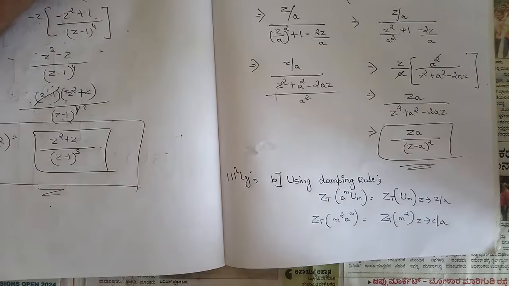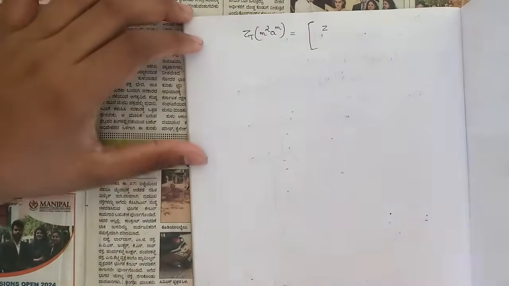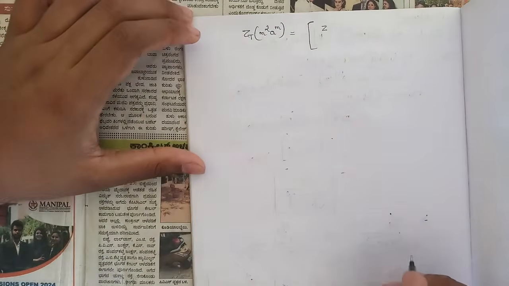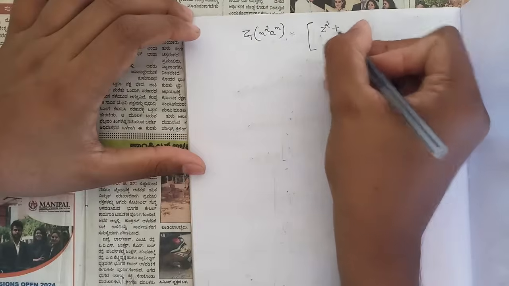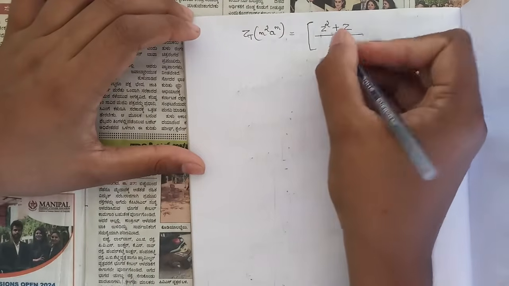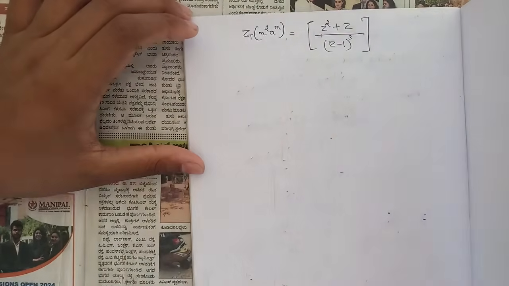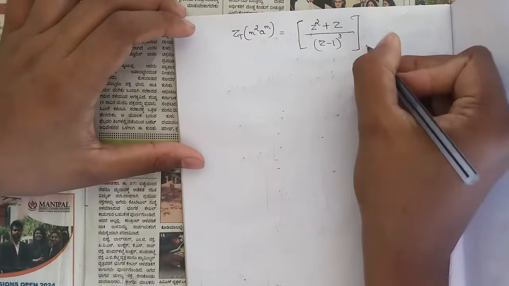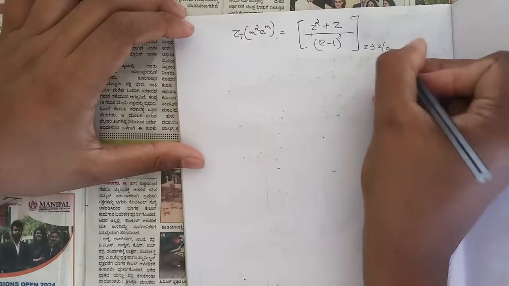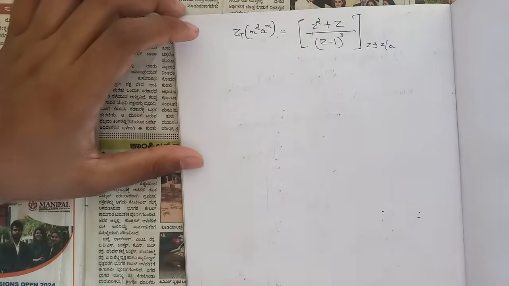We have discussed the Z transform of n square in the last video. The Z transform of n square is given by (z square plus z) divided by (z minus 1) whole cube, where z is replaced by z by a.